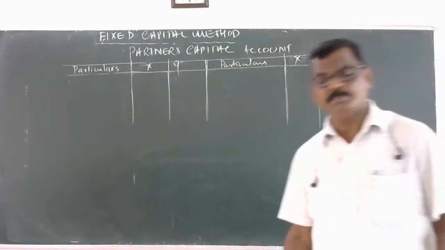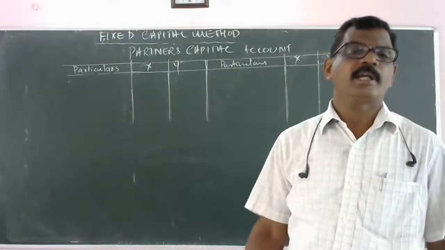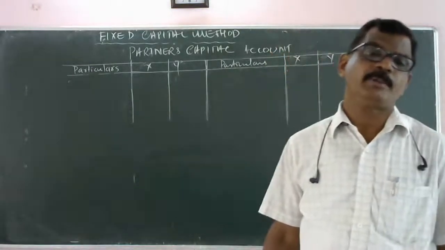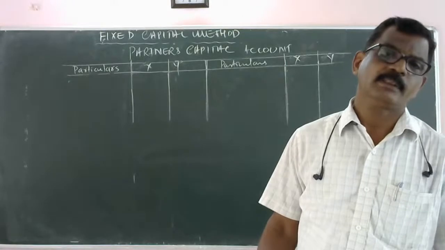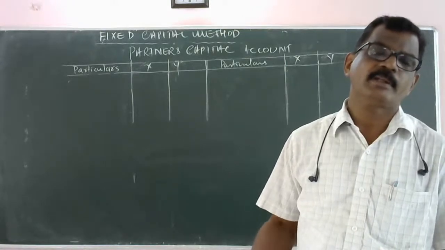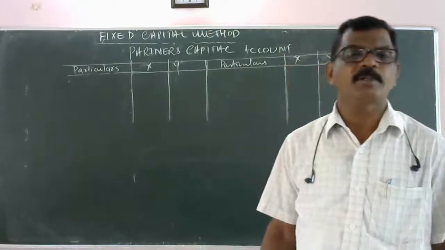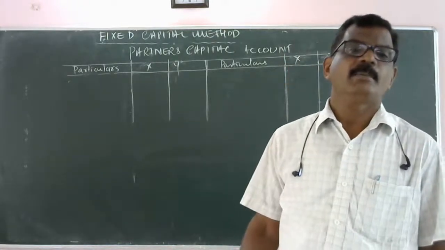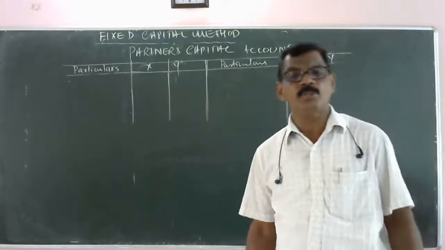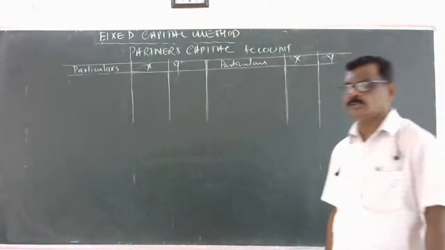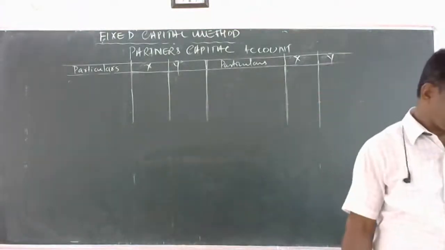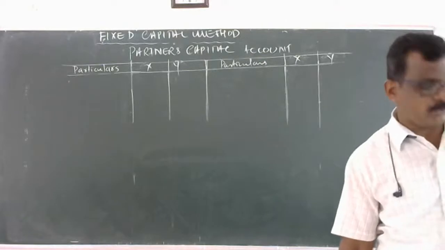Additional capital, if there is any, is credited. Capital withdrawals, if there are any, are debited. Capital account ಏನು ಮಾಡ್ತೇವೆ, ಓಪನಿಂಗ್ ಕ್ಯಾಪಿಟಲ್ ಅನ್ನು ಕ್ರಿಯೇಟ್ ಮಾಡ್ತೇವೆ, ಅಡಿಷನಲ್ ಕ್ಯಾಪಿಟಲ್ ಅಕೌಂಟ್ ಕ್ರಿಯೇಟ್ ಮಾಡ್ತೇವೆ, ಆಮೇಲೆ ಕ್ಯಾಪಿಟಲ್ ವಿತ್ಡ್ರಾವಲ್ಸ್ if there is any, is debited. So here X and Y are partners with capitals of 2 lakhs and 1 lakh.